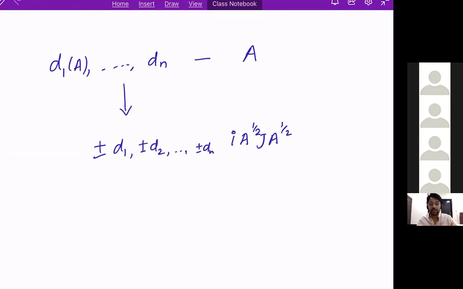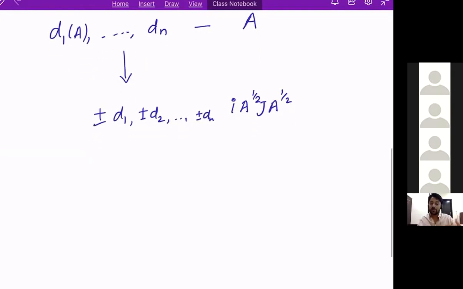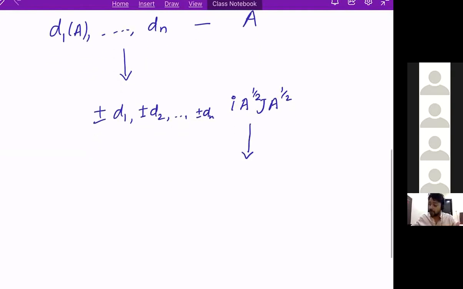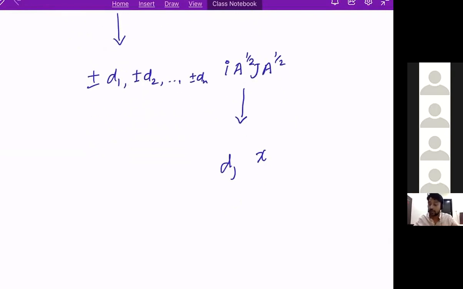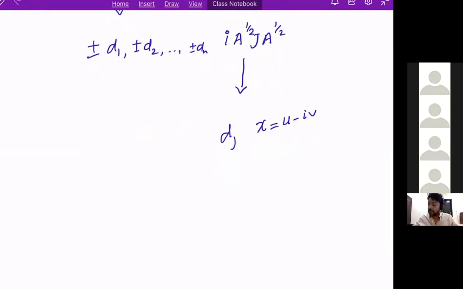And regarding the eigenvectors, yes, there is also a relationship between them. For example, if corresponding to the symplectic eigenvalue dj we have an eigenvector of this Hermitian matrix given by a complex vector x, say u minus iv, where u, v are real vectors, then it turns out that A power minus half u and A power minus half v form a symplectic eigenvector pair corresponding to the symplectic eigenvalue dj.